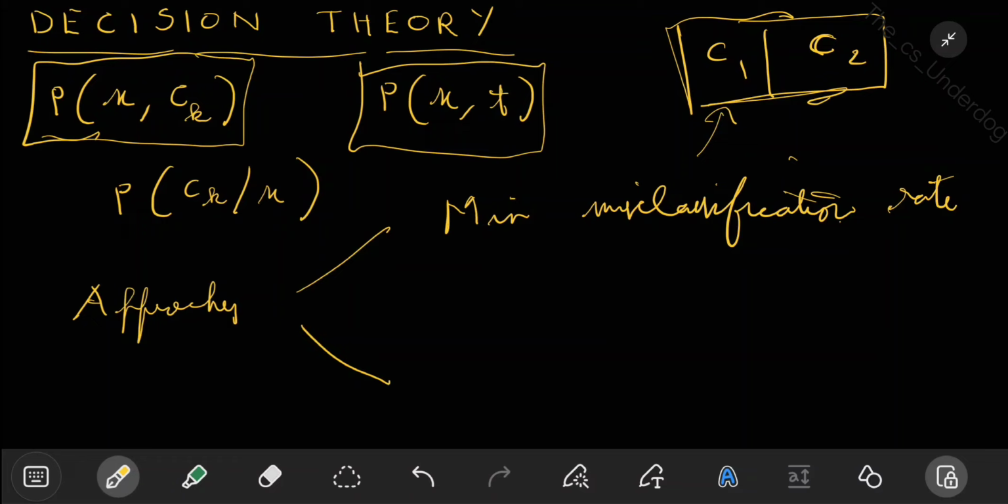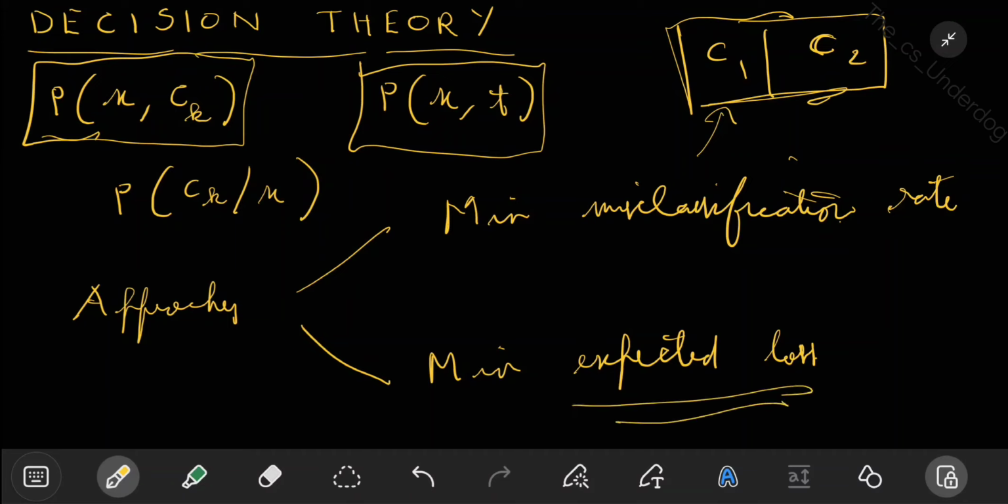And what is the second one? Second one is minimizing expected loss. So what is the difference between these two? See, loss may not depend just on the classes. It may also be dependent on how important is this decision. That is, if you make a decision that this is not an enemy, but it turns out to be an enemy, that is a very high risk event.